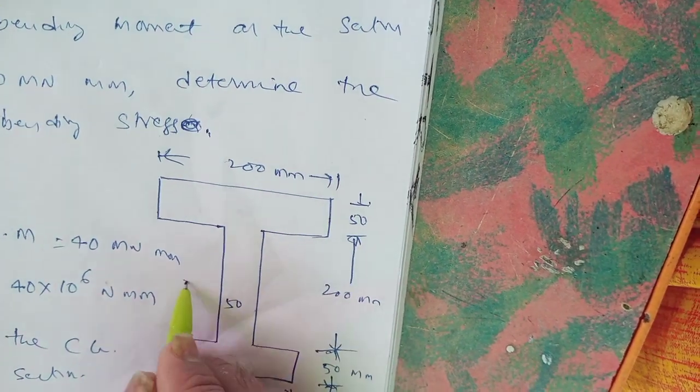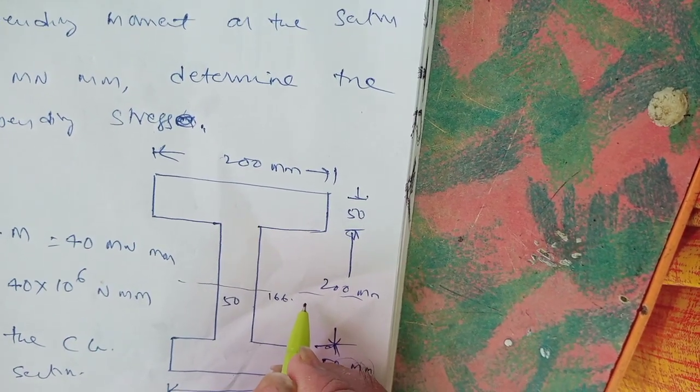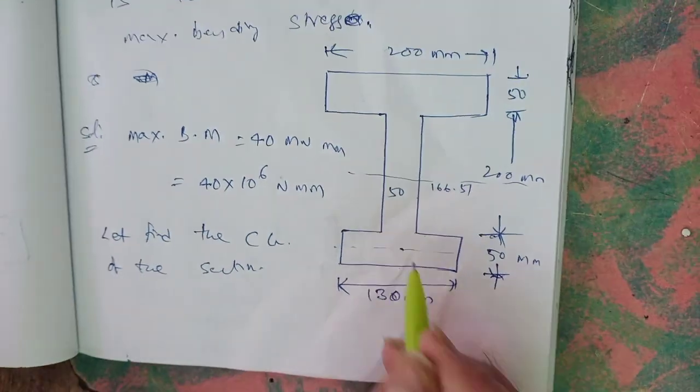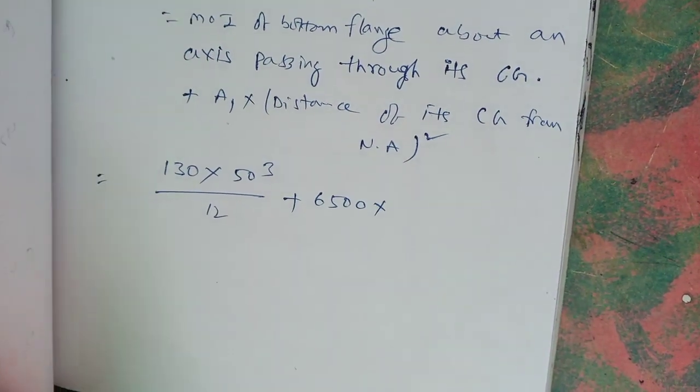The neutral axis is at a distance of 166.51, and we have to find the CG of the A1.